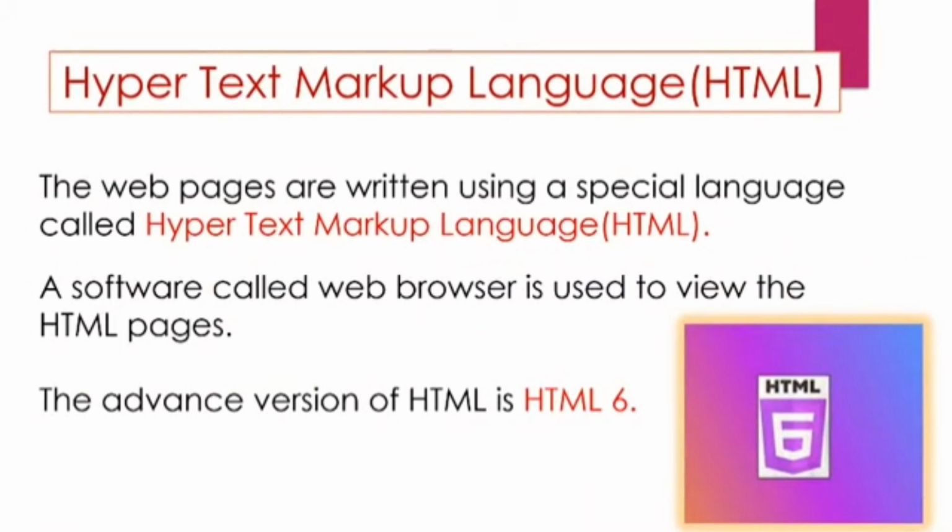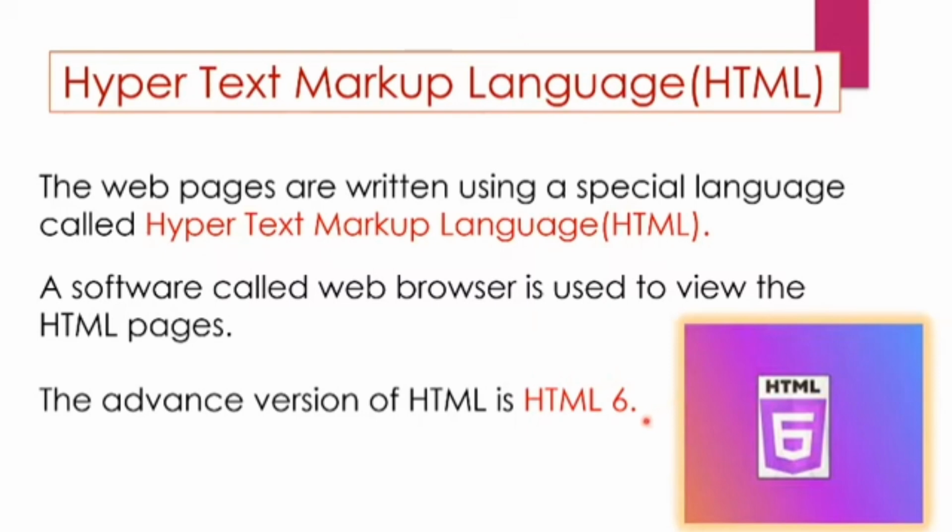Hypertext Markup Language or HTML. The web pages are written using a special language called Hypertext Markup Language or HTML. A software called web browser is used to view the HTML pages.